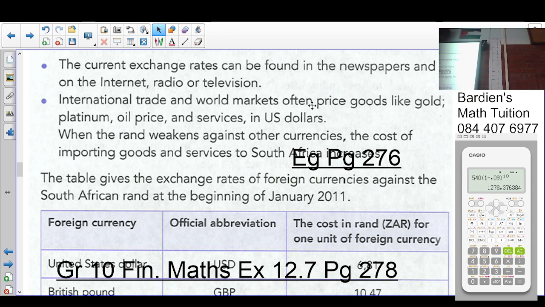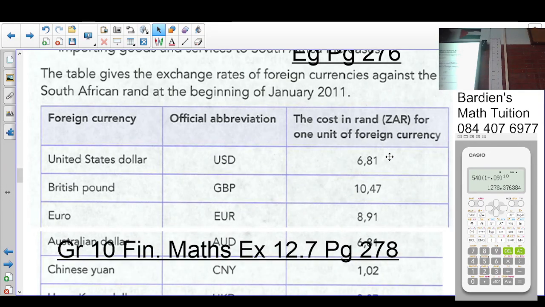Now this textbook was written in 2010, or I think it was launched in 2010. So when people wrote this textbook, they used the current exchange rate of the time. You will see exchange rates here. For argument's sake, the US dollar was 6 rand and 81 cents. Now it's 3 times that at the moment.